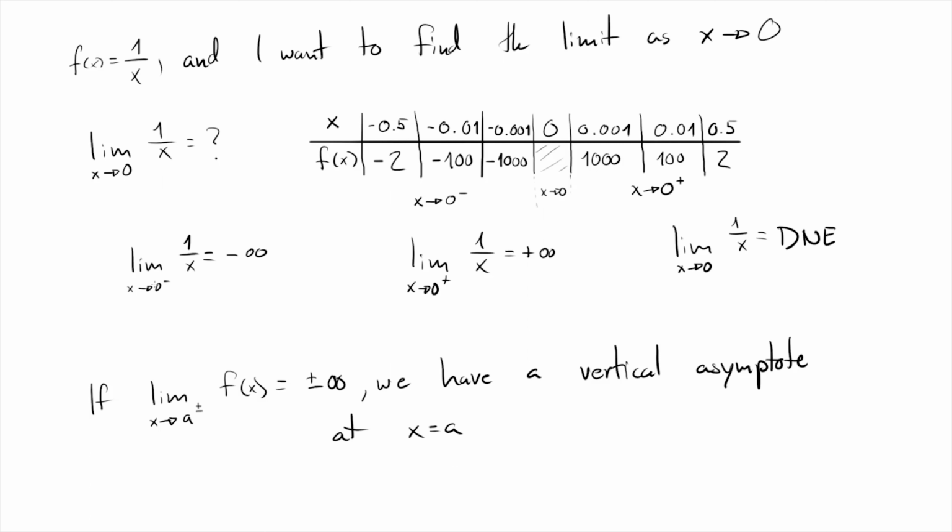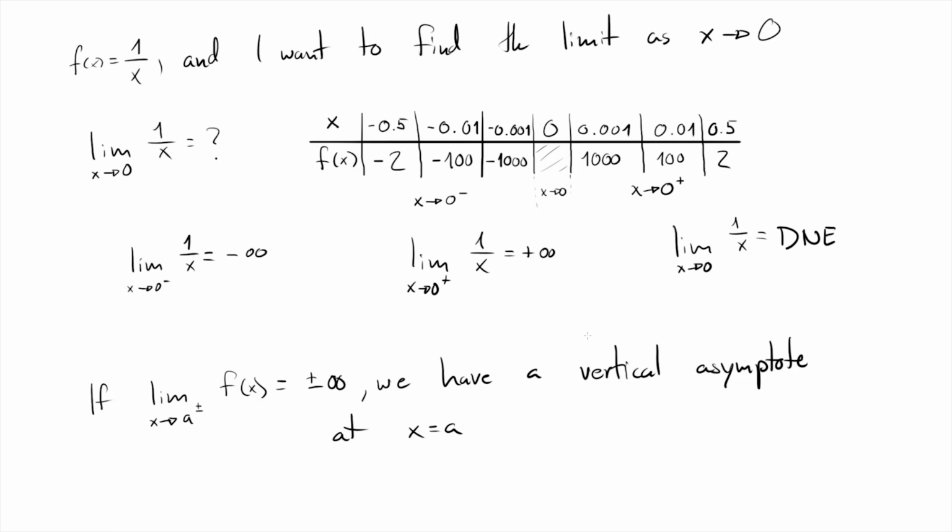So in this case, we can say that we are going to have a vertical asymptote at 0. Okay. And of course, this is an extension of the first rule that we talked about. Since this limit is plus-minus infinity, that also means that the limit itself in general doesn't exist. But that's just an extension of the first rule, so I won't rewrite it.